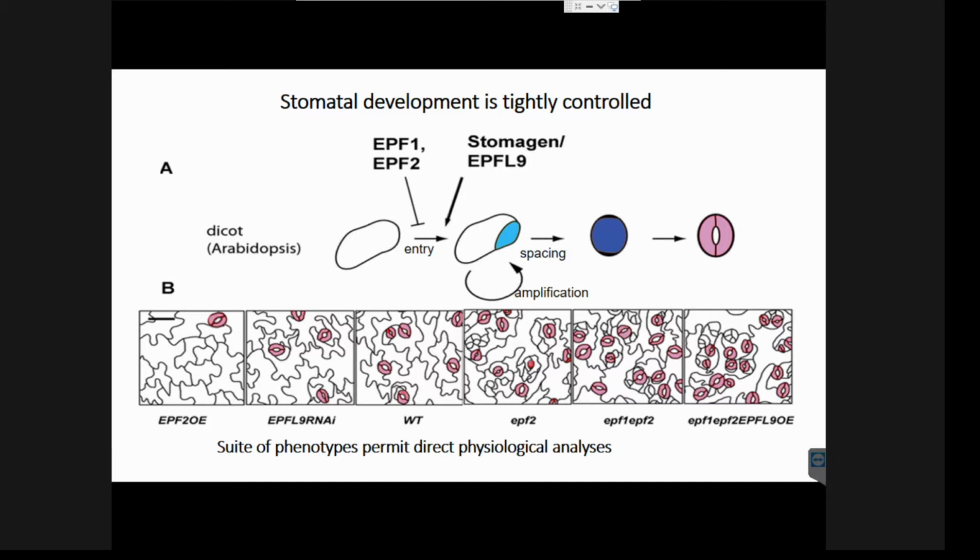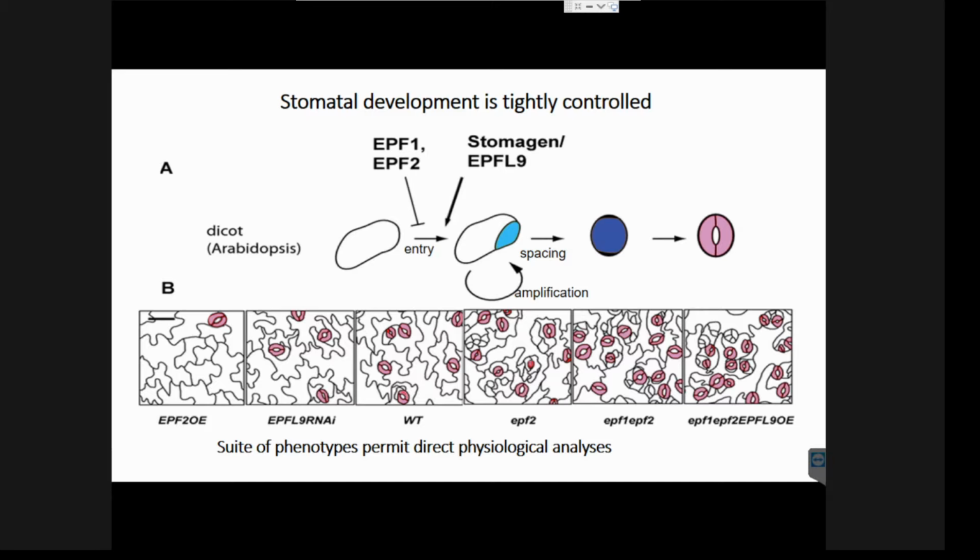Inhibitory pathways along this lineage are governed by epidermal patterning factors, which inhibit the transition states. Epidermal patterning factors are small peptides secreted by cells that can direct or prevent stomatal identity in the cells around them.